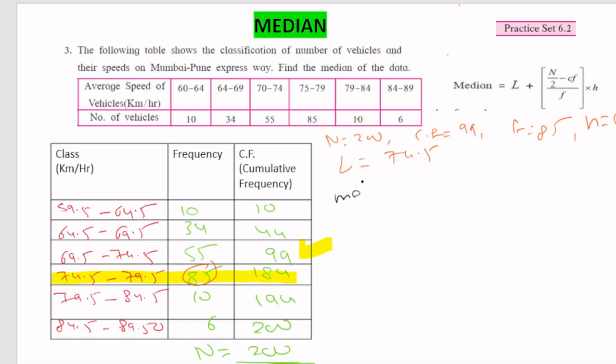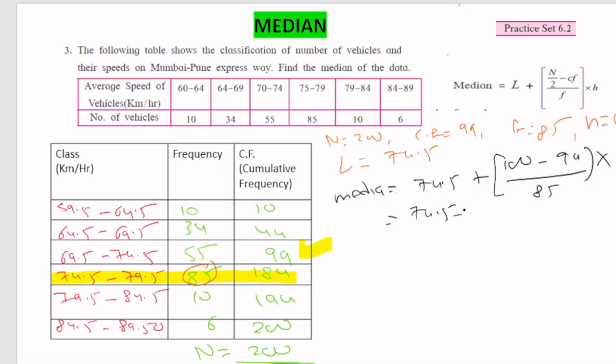Let's start. So median is equal to L, that is 74.5, plus n by 2, so n by 2 is 100, minus cumulative frequency 99, divided by frequency, so that is 85. Done. Now solve it. 74.5 plus 1 upon 85 into 5. You can cancel also.